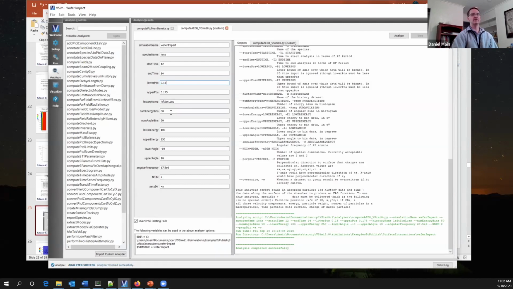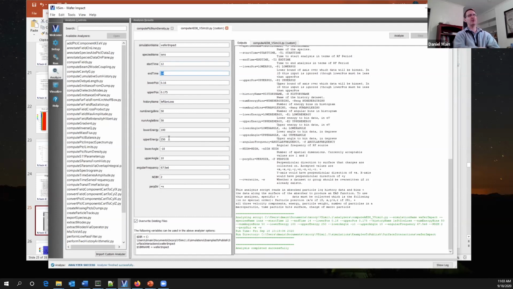Then this is information that you need for binning the data. You need the bin in time and position. And now you need to put in information for creating the histogram: the number of energy and angle bins, lower and upper energy, the lower and upper angle that you want, and the angular frequency of your RF source. This information is used to figure out the time to bin the data.